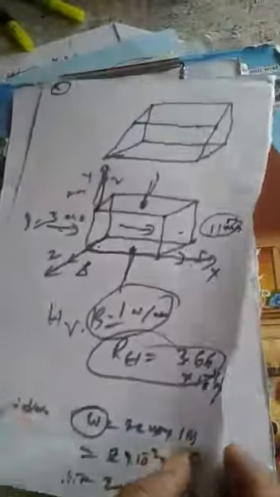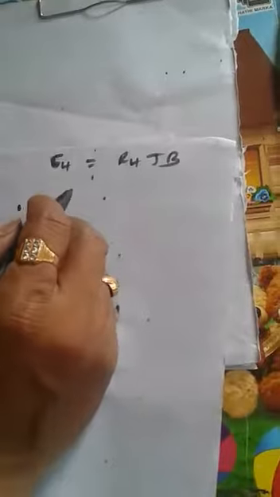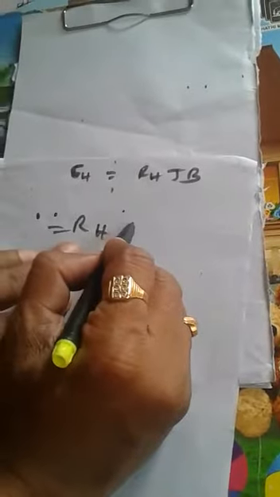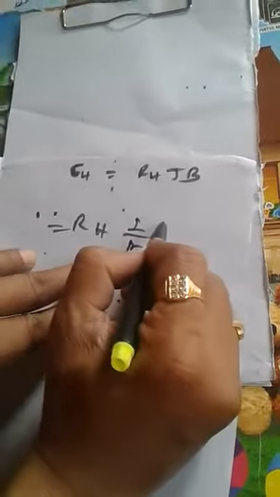Or we can rewrite this equation in this way. The Hall field EH is equal to RH into current density into magnetic field. Current density can be written as I divided by area, so EH is equal to RH into I divided by area into magnetic field.